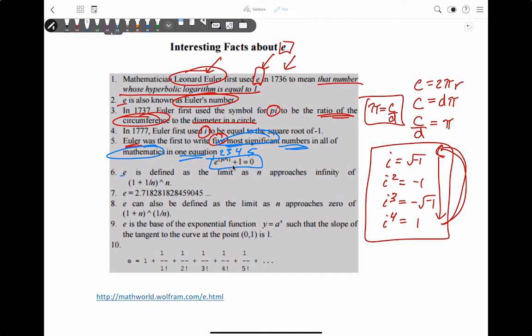Okay, so e is defined as the limit as n approaches infinity of this equation right here. I know it's a little bit weird the way it looks, but you're going to see it in this unit. So the limit of 1 plus 1 over n to the power of n is equal to e. And e is a constant, like 2.71828, then 459045, and then it keeps going.